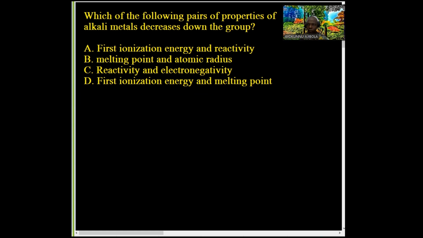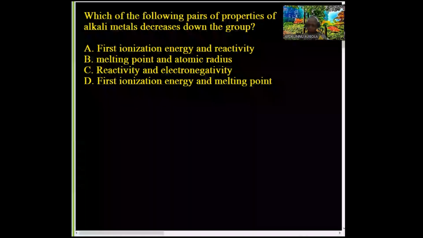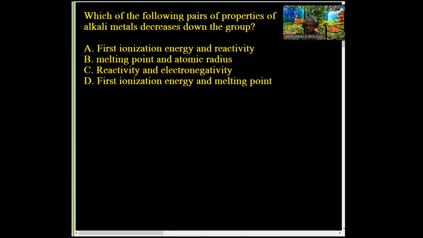The following pairs of properties of alkali metals decrease down the group. A. First ionization energy and reactivity. B. Melting point and atomic radius. C. Reactivity and electronegativity. D. First ionization energy and melting point.